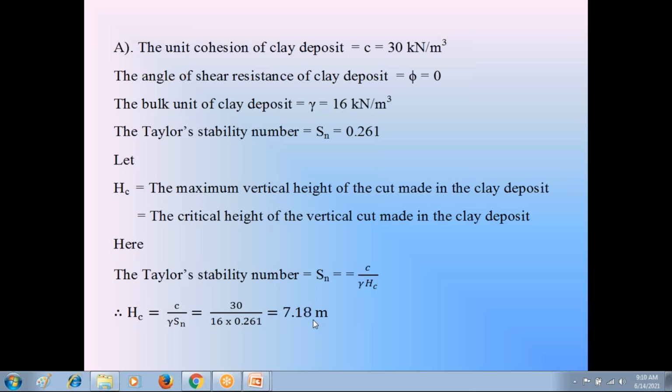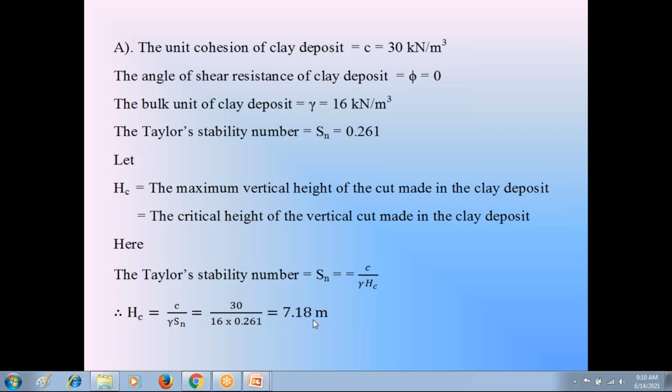What is the doubt? 101, in the first problem. Sir, why don't we use Fs equal to gamma dash tan phi dash by gamma saturated tan I? Okay, I understood. In the first problem, we use that equation of Fs with gamma dash only when the soil deposit is in submerged condition.